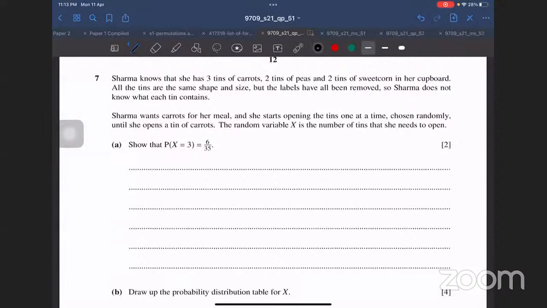Show that the probability of X equals 3 is 6 over 35. So probability of X equals 3 means that she opens a can of not carrots, not carrots, and then carrots. So what is the probability of not carrots?